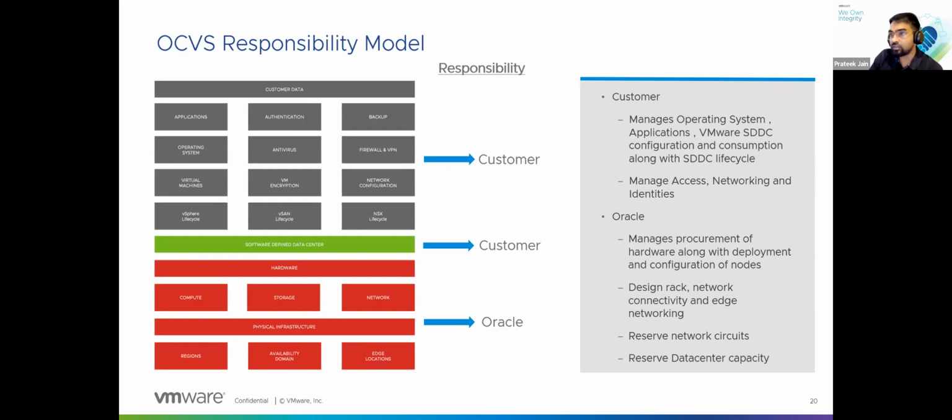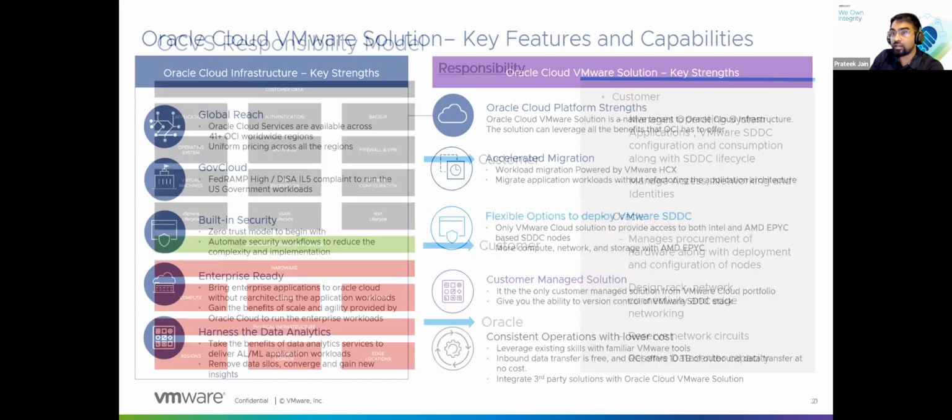And then Oracle manages all the underlying infrastructure: the hardware, compute, storage, the physical infrastructure, availability domain, and all of these services which Oracle provides are backed by an availability SLA. They have a performance SLA for network, they have a performance SLA for bare metal nodes and other things, but they have an availability SLA as well.